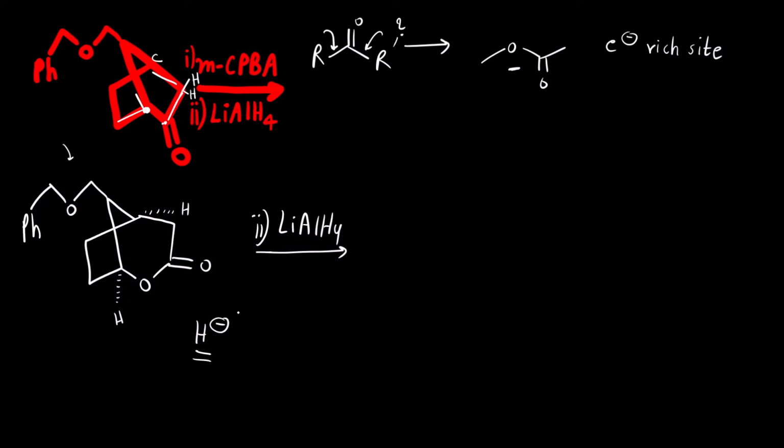So from which side will this hydride ion attack? The top face is blocked, so the hydride ion will attack from the bottom face, that is the dash bond, and then this will open up. You will get an aldehyde.